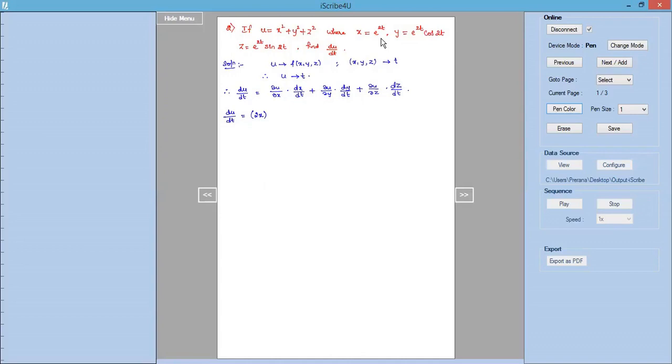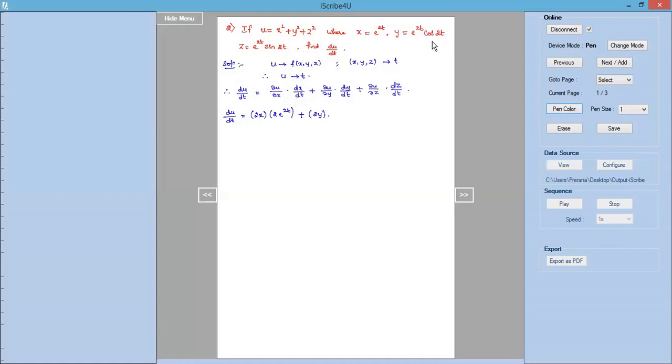Differentiation of e power 2t is 2 into e power 2t. 2 e power 2t plus dou u by dou y. Second term is involved, dou u by dou y into dy by dt. So dou u by dou y gives us differentiation of u partially with respect to y is 2y, both x and z are constants, into dy by dt, total differentiation of y with respect to t.